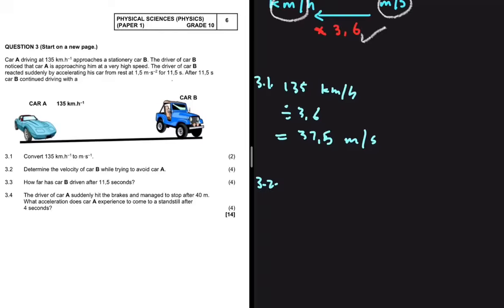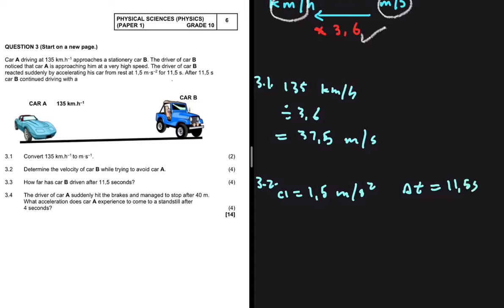We're going to use equations of motion here, but before we decide which equation we are going to use, we need to know which information we have. It is the information we have that is going to guide us towards the right equation to use. So what do we have here? We have an acceleration of 1.5 meters per second squared. We have time, delta t, which is equal to 11.5 seconds.